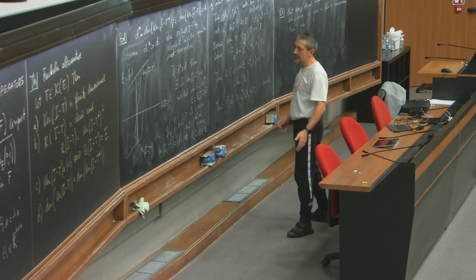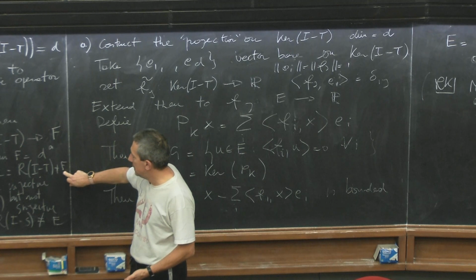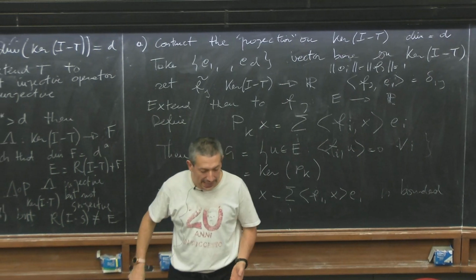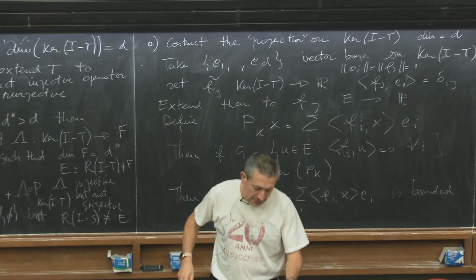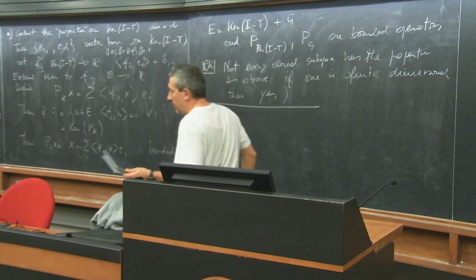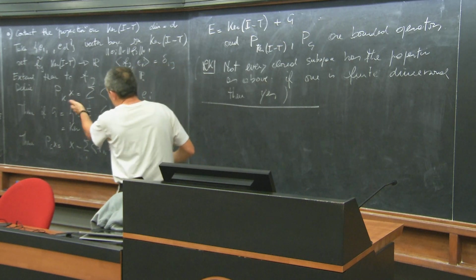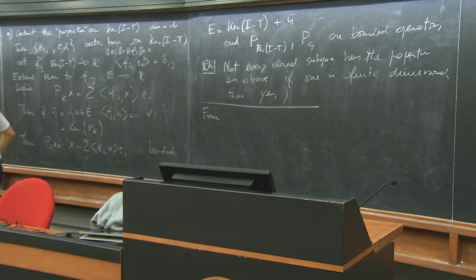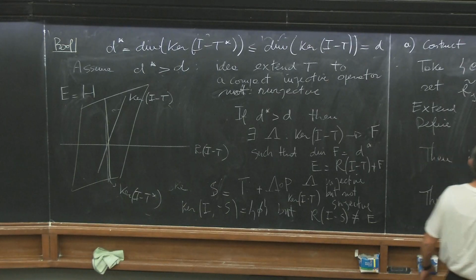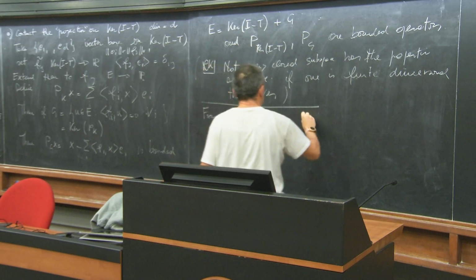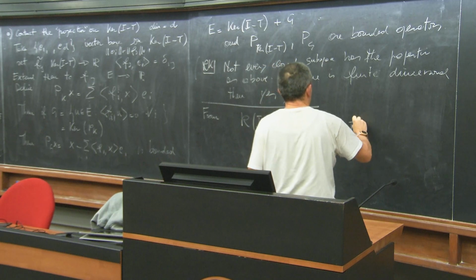So now the second part is how to build the space F, which is the topological supplement of this set, which has codimension d star. Well, we just use the fact that the range of identity minus T is the orthogonal of the kernel of identity minus T star.